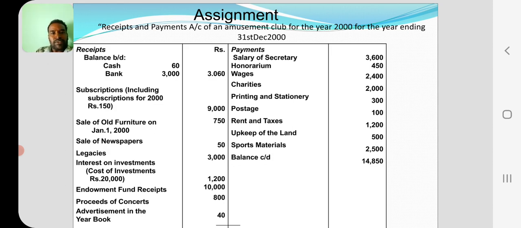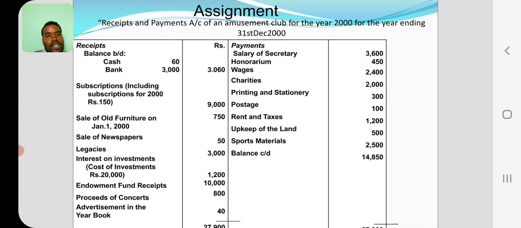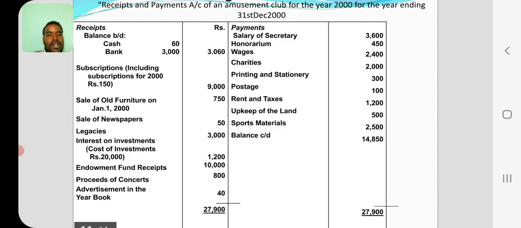Subscriptions, including subscriptions for rupees 2,000, rupees 150, total 9,000. As it is a revenue item, it should be posted in income and expenditure. Sale of old furniture is a capital item, posted in liability. Sale of newspaper is revenue income, posted in income and expenditure.